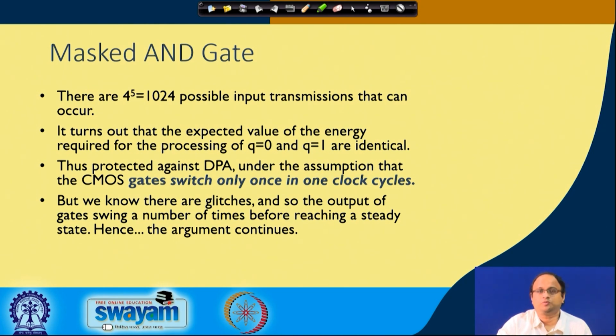So, at this point of time, let us consider that there are no glitches and that the gate is switching only once in one clock cycle. Under this assumption, we can prove that E of Q equal to 0 and Q equal to 1 will be identical, exactly in the same way we proved that it is not identical in the case of a normal AND gate, proving that this circuit should be secure against first order DPA attacks.